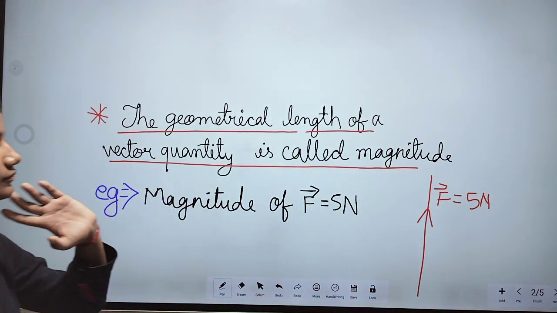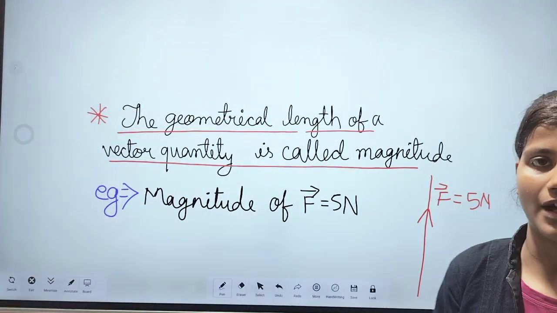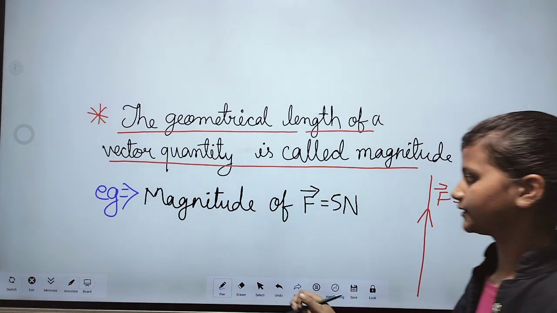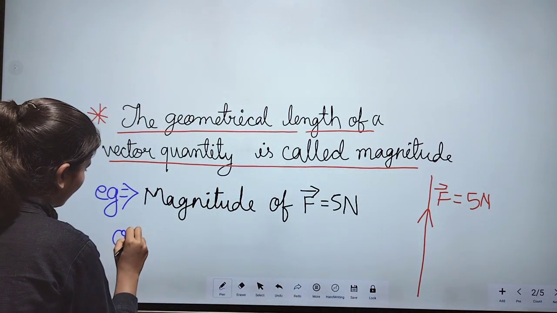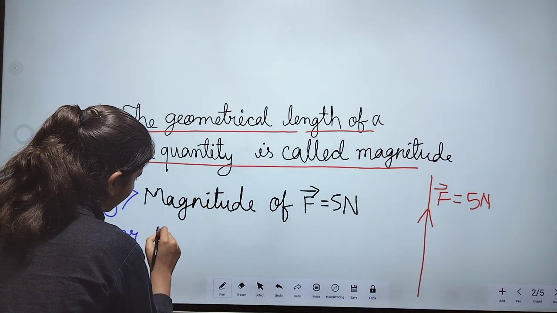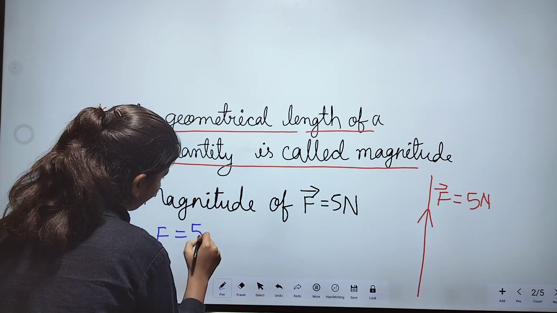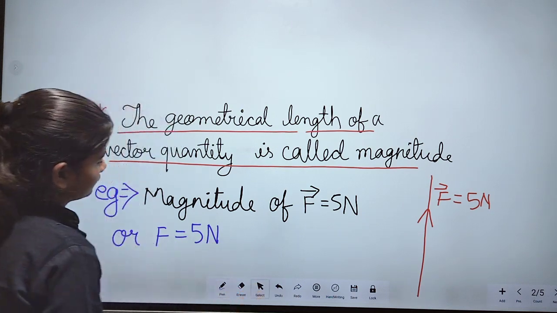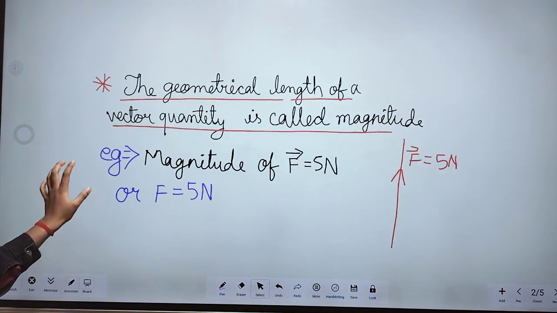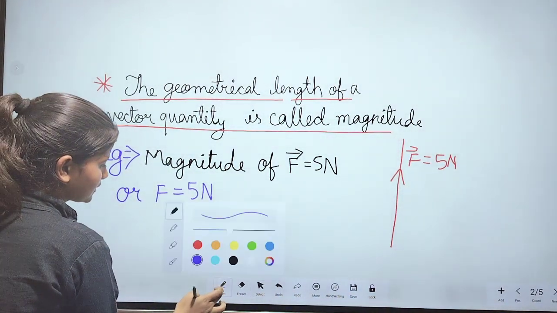Magnitude of force is equal to 5 Newton. Or you can also write like this: F is equal to 5 Newton. Or we can also write like this.